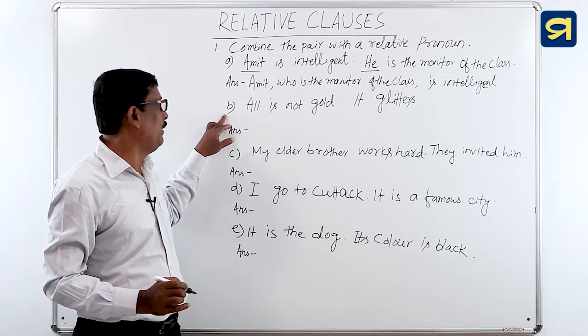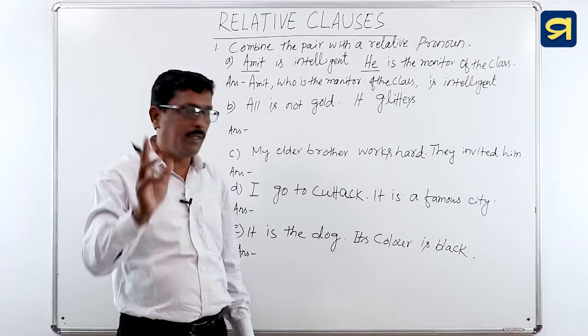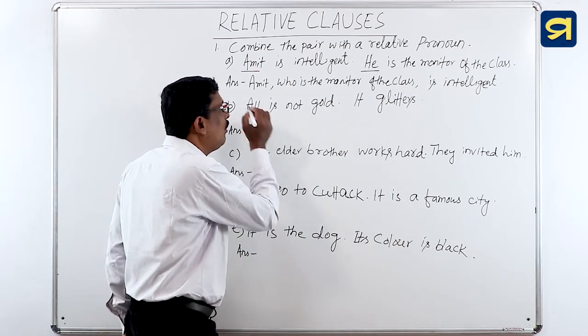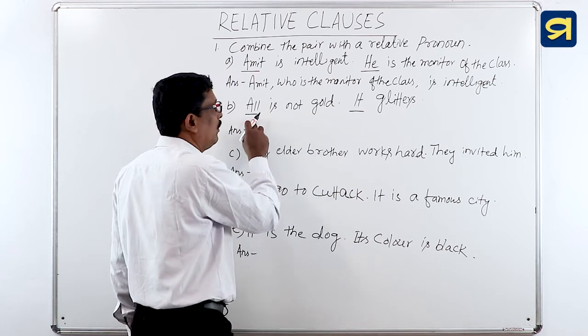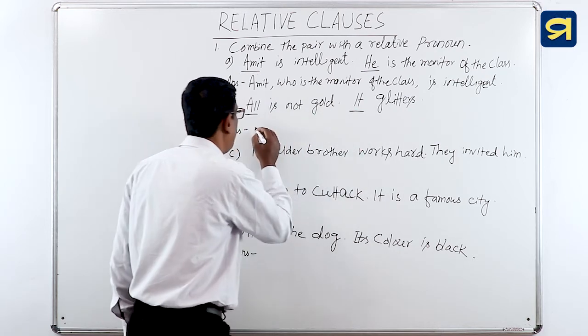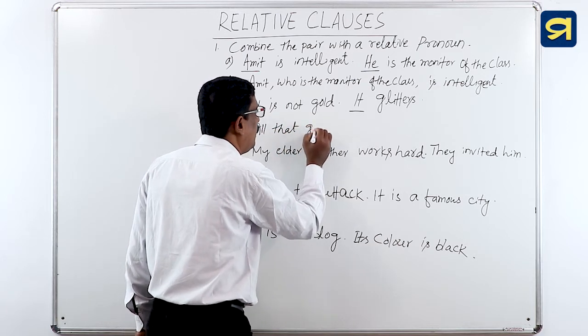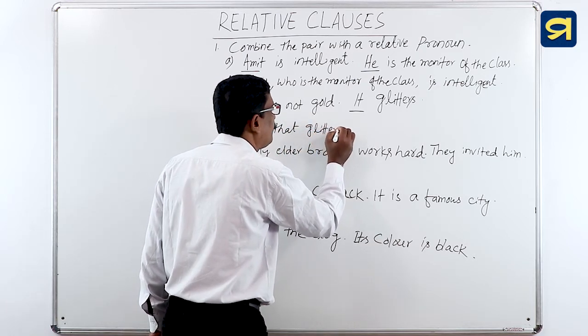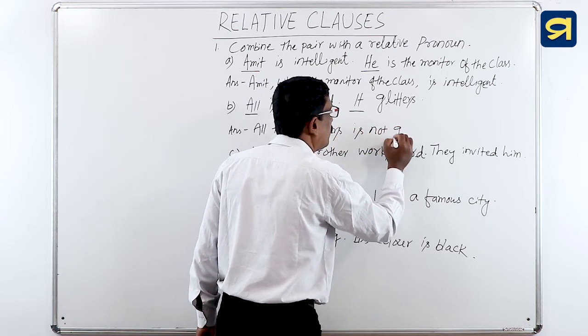Number 2 or B. All is not gold, it glitters. Very good. Here all represents it. So it is a non-person. That's why we will use that. All that glitters is not gold.